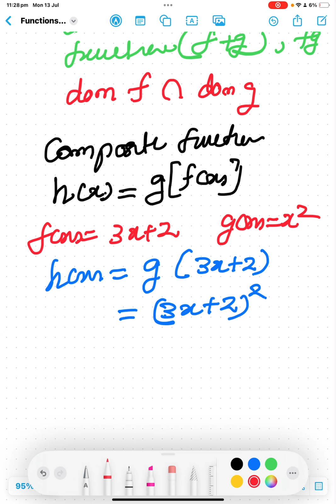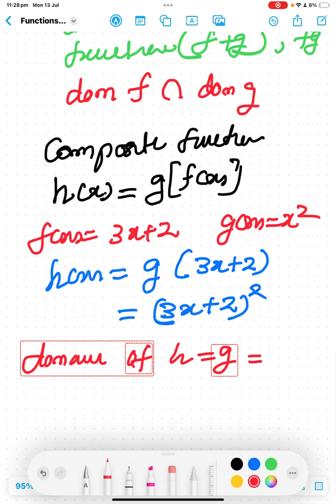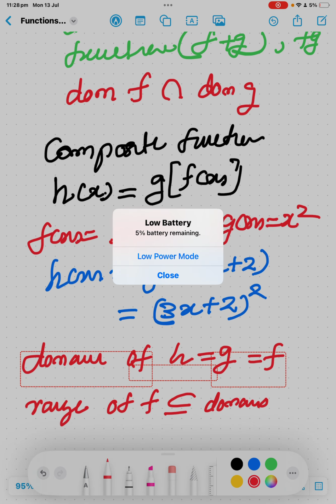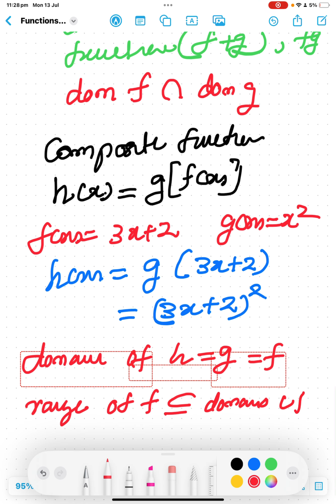So in this case, the domain of h equals the domain of g and the domain of f. When it comes to range, the range of f is actually a subset of the domain of g.